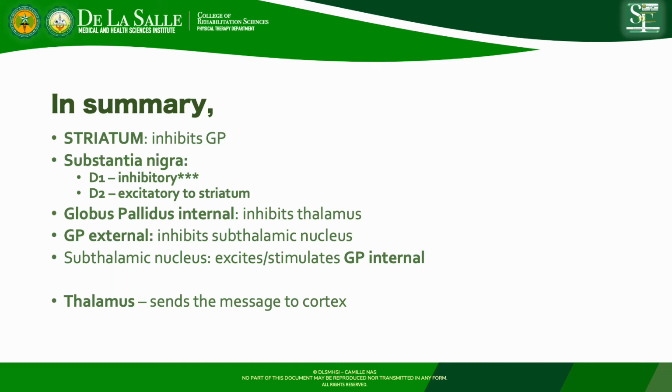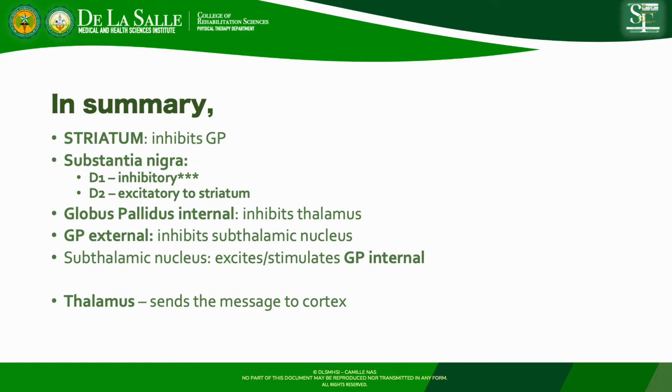So in summary, these are the functions of the different structures that make up the pathway of the basal ganglia circuitry. So the striatum again, this one will inhibit the globus pallidus, both internal and external, depending on the pathway. If this is in the direct pathway, it will inhibit the globus pallidus internal directly. If it's in the indirect, it is coming from the substantia nigra, and then it will inhibit the globus pallidus external.